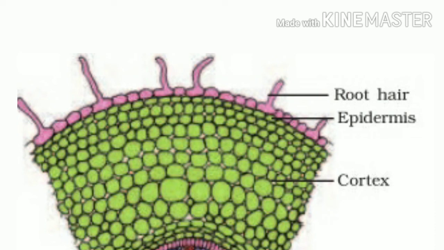So the epidermis is the outermost layer of a very young plant, that is the primary plant body. It is made up of elongated and very closely arranged cells, that is compactly arranged cells, which form a continuous layer. Epidermis is usually single layered.